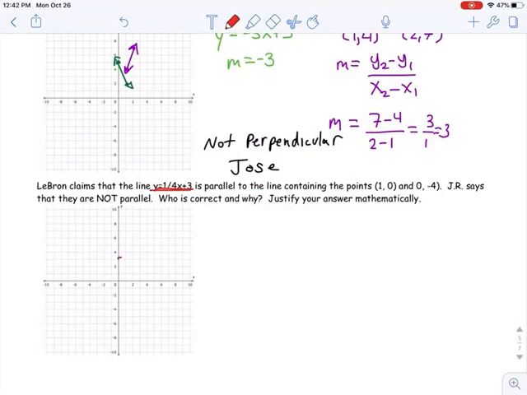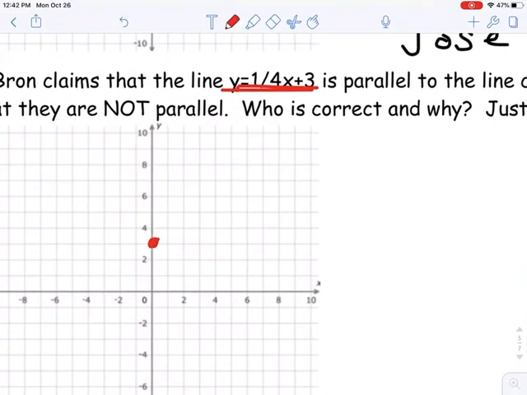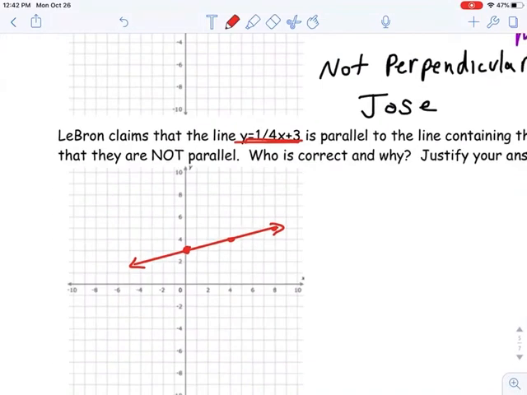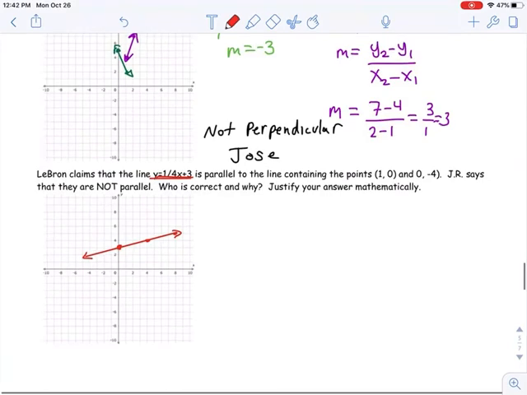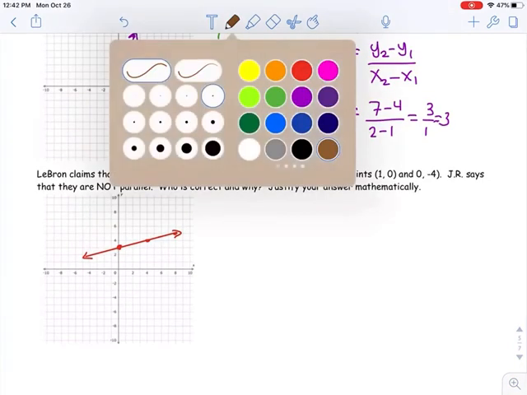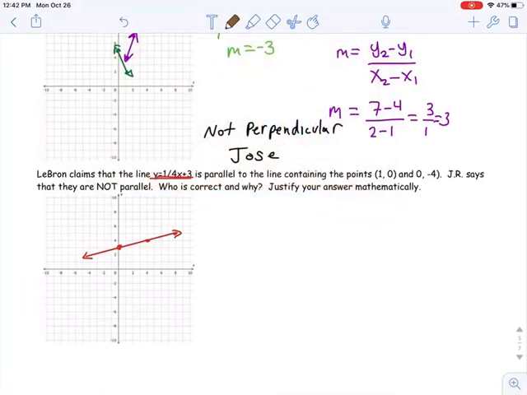So the y-intercept is 3, and then up 1 over 4, up 1 over 4. And that's that. Now LeBron says that they're parallel to the line containing the points (1, 0) and (0, -4).